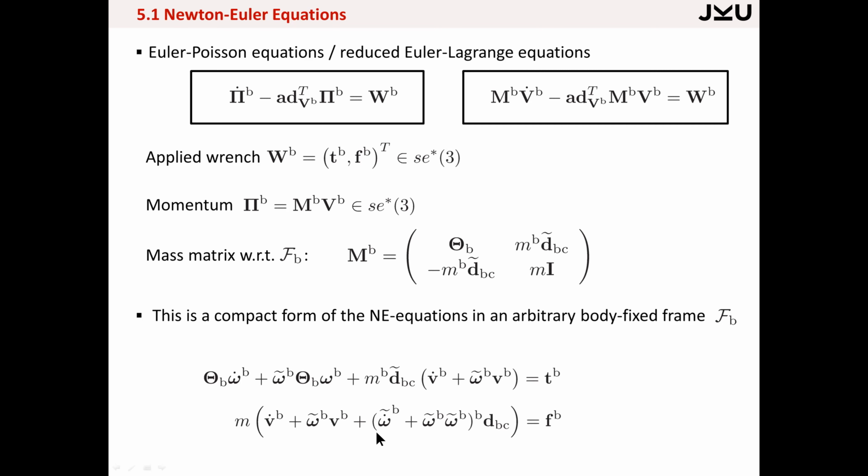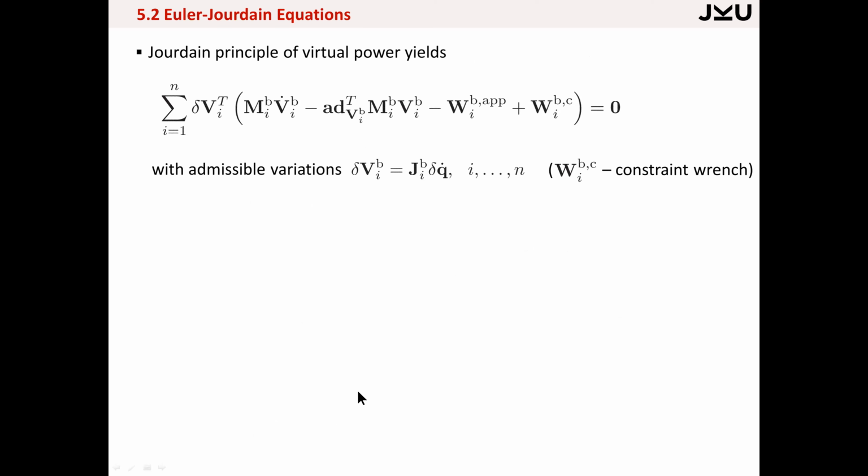They look a bit more complicated because we are using an arbitrary reference frame. If, for example, you use a center of mass frame, as you might have done in your class in school, then of course this becomes 0. So essentially you are only left with this term, and also this would cancel out, and you're just left with the standard Newton-Euler equations.